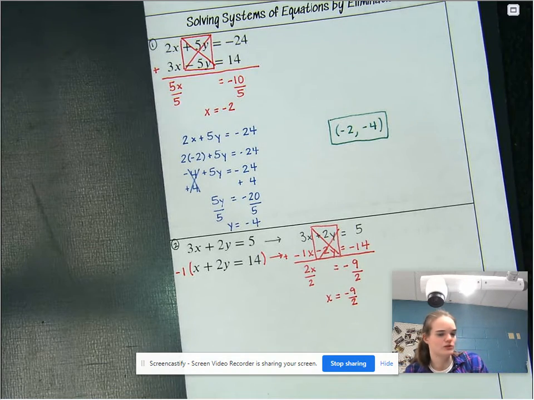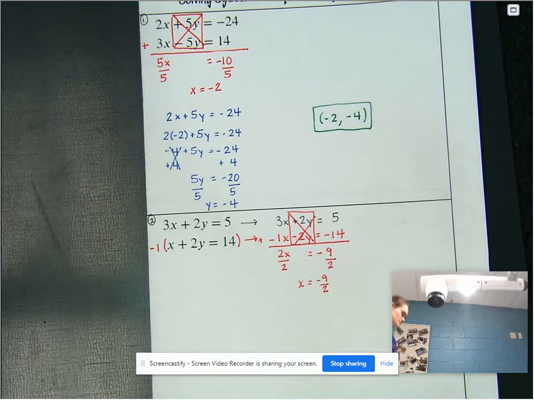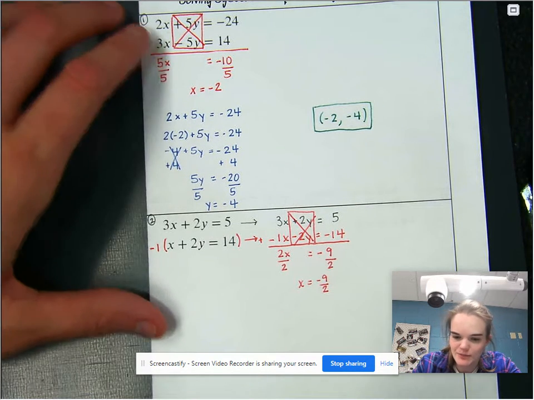Yes, leave it as a fraction, it won't kill you. Then take a second and plug that back in. Now, we're going to plug it back in.